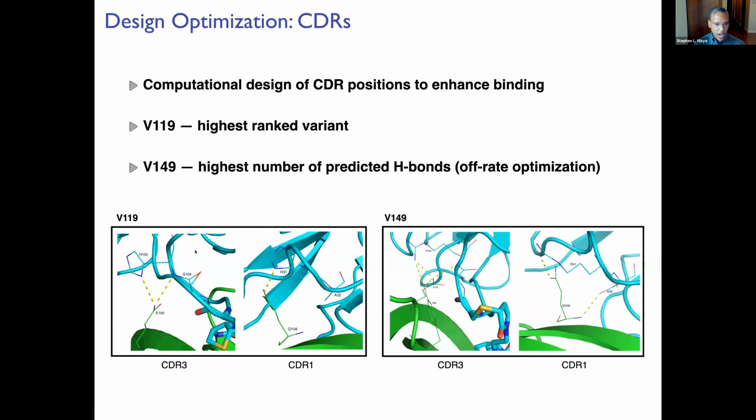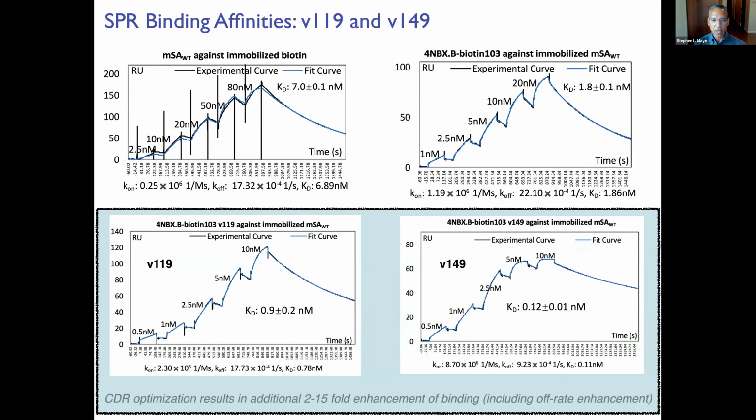Here are some of the models of the interactions. I won't go through those for the sake of time. Experimentally, they actually do in fact improve the binding. If we look at V119 binding against immobilized wild type streptavidin, we reduced the KD down to roughly 1 nanomolar.